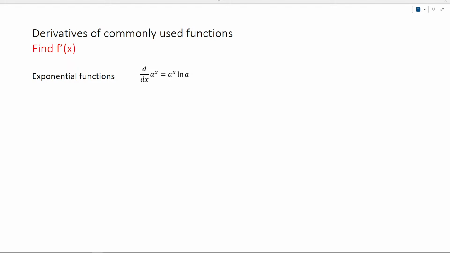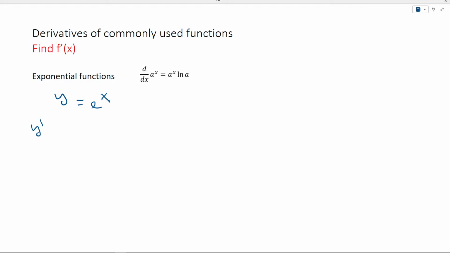So let's do some examples for the exponential rule. Let's say y is equal to e to the power x, and I'm asking you what the derivative of y is.